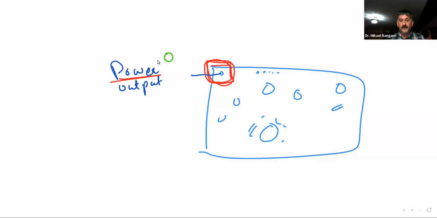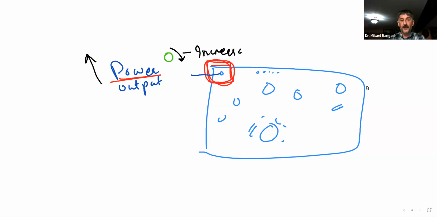Just like the volume on your radio in your car, when you turn it clockwise, that will increase. So if you turn this knob clockwise, that's going to increase your power output, meaning the amount of energy that you tell the system to transfer will increase.